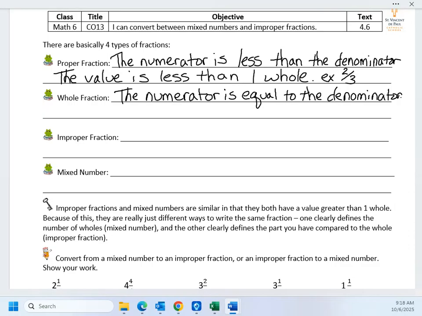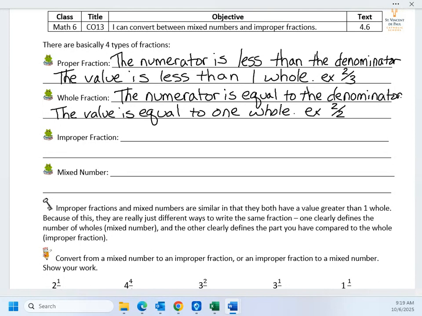Its value is equal to 1 whole. An example would be 2/2. The numerator and the denominator are the same numbers.